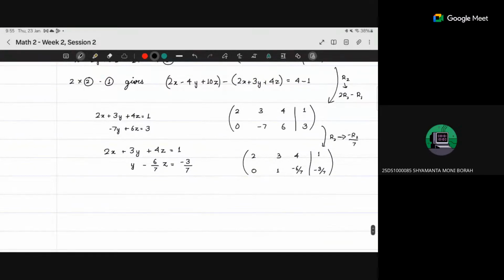I could as well divide by 2 everywhere, R1 going to R1 by 2, if I want it in some nice form. And if I want to remove y from the first equation, I can do that and express y is equal to something in terms of z, and x is equal to something in terms of z. This is how I would go about doing the general equation.